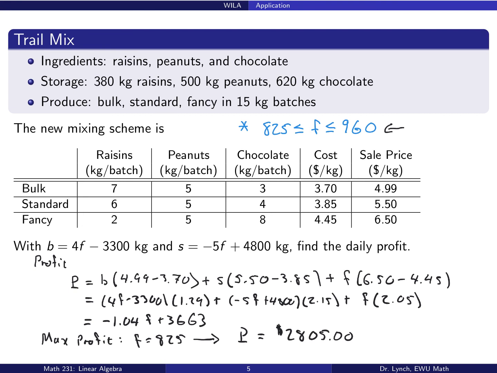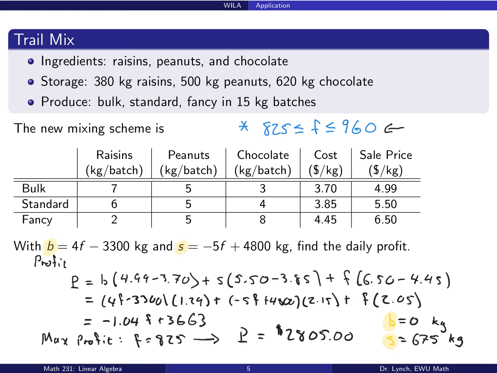In this case, using that amount of fancy at 825 gives us a profit of $2,805 per day. Now, it also has the interesting feature that we end up using 0 bulk and 675 kilograms of standard in this scheme.